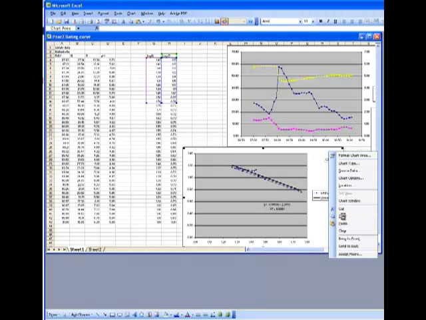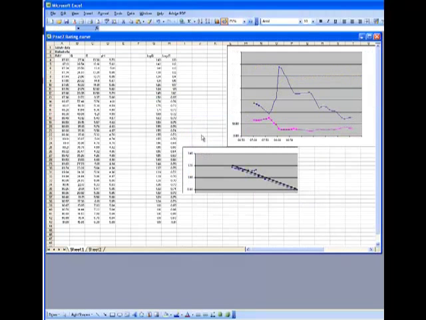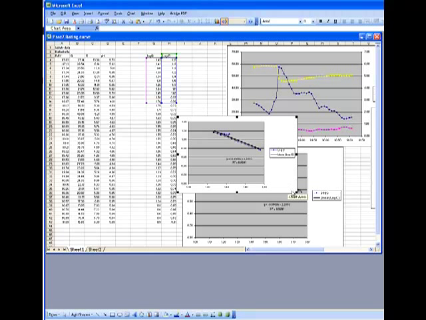We can do that by copying the graph. We have the graph, but we need to change the data set to the falling limb.